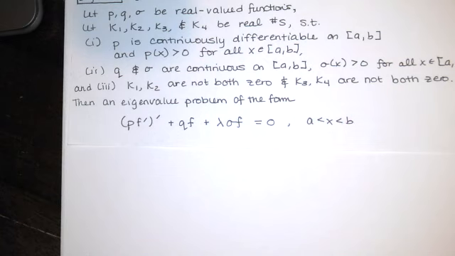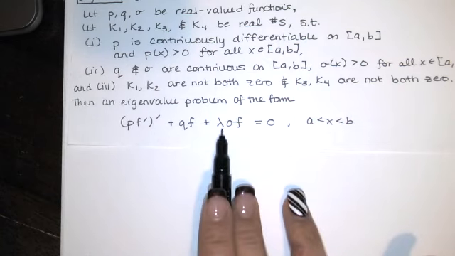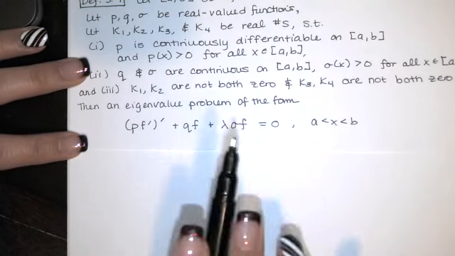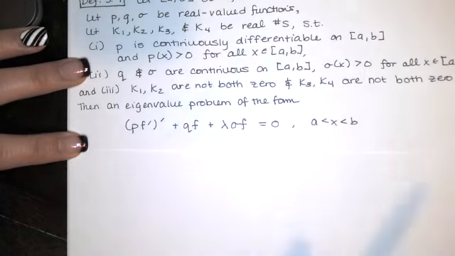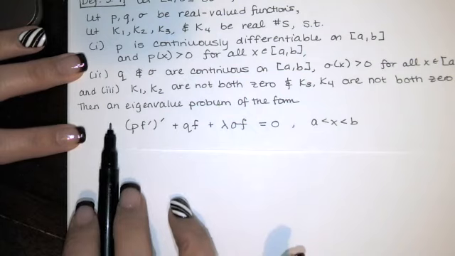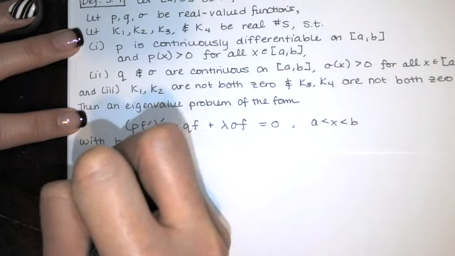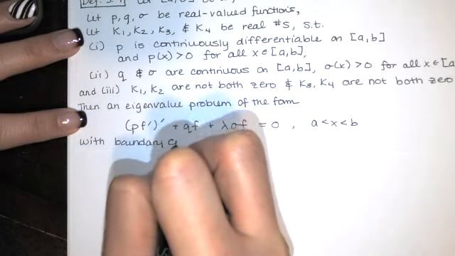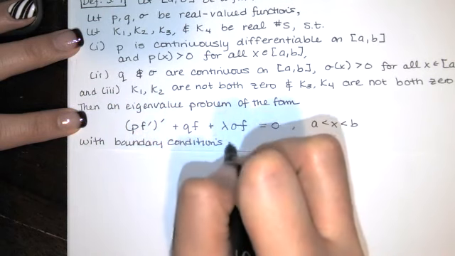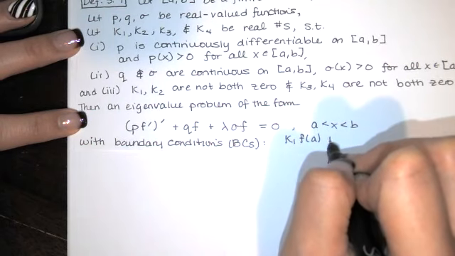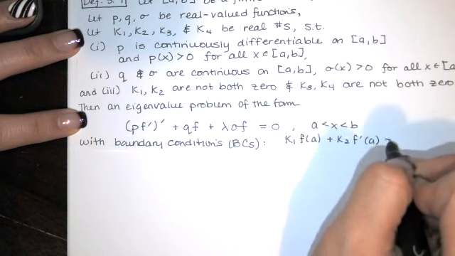So that is our differential equation. The unknown function here is F. We also don't know those parameters lambda. An eigenvalue problem of this type, where we're trying to find all the functions F that satisfy this equation that correspond to certain values of this parameter lambda, those eigenvalues. A problem that looks like this with the boundary conditions, which I will abbreviate BCs. Kappa 1 times F of A plus kappa 2 times F prime of A equals 0.